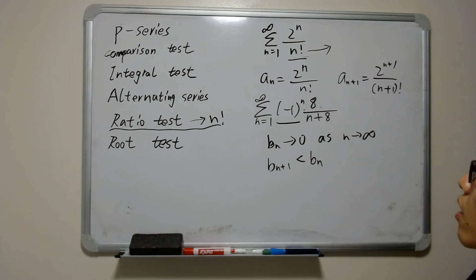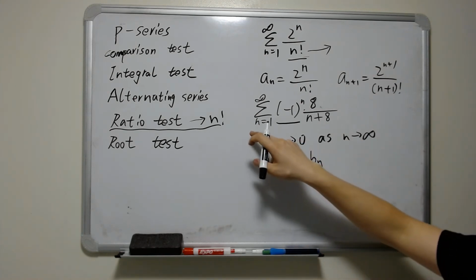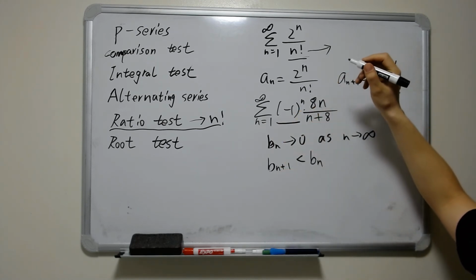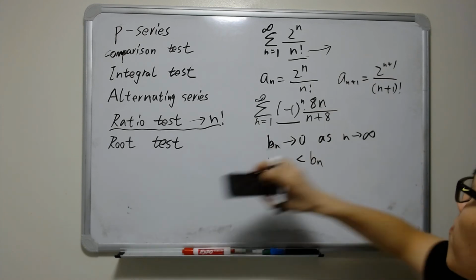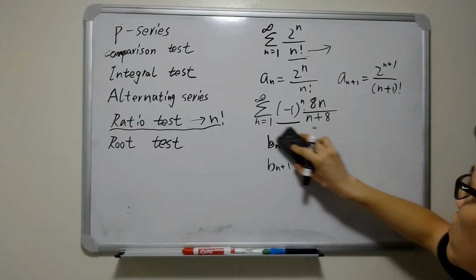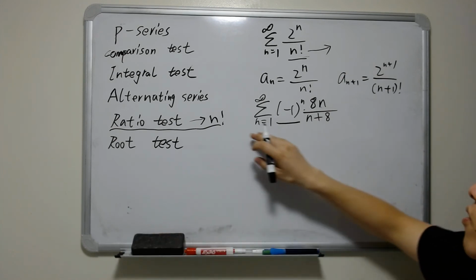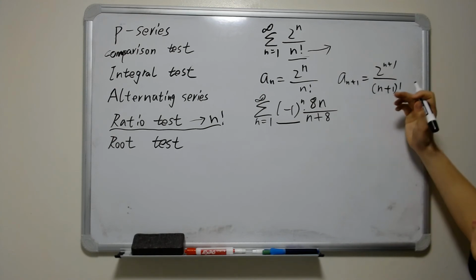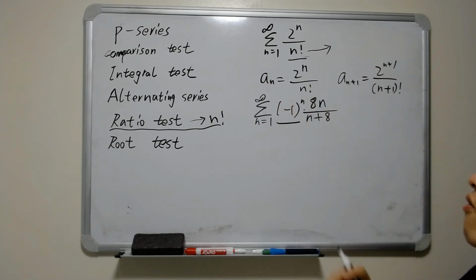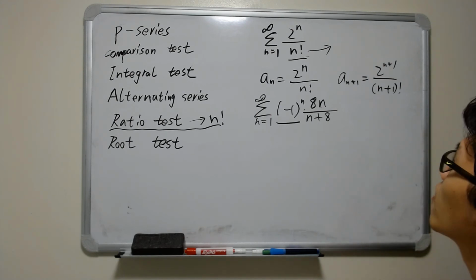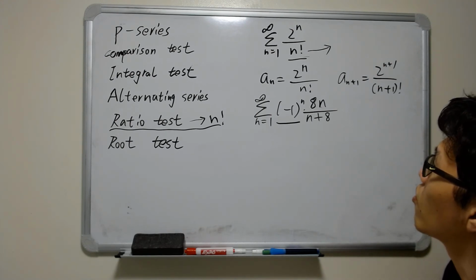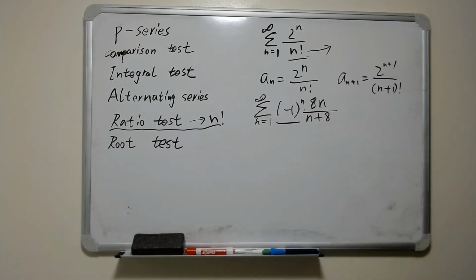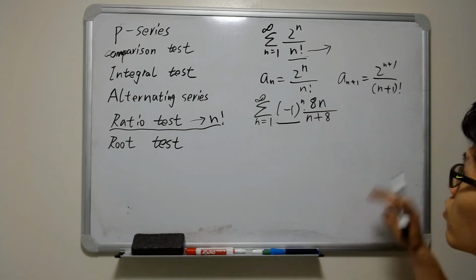Okay, but how about the series where I add an n here, 8n? What's the convergence of this series? Because it's 8n, it doesn't satisfy the conditions of the alternating series test.